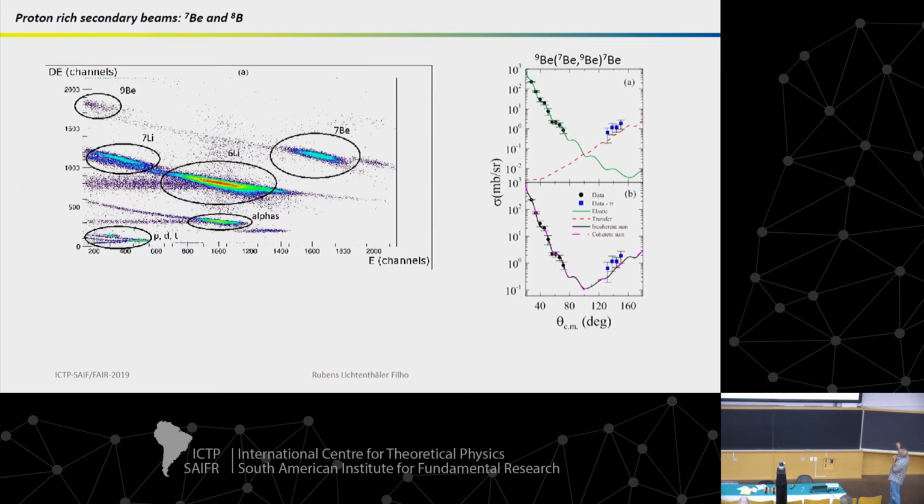But if you detect the beryllium 9 at 4 angles, you have the corresponding scattering at the backward angles. This is what you see here. These are the data, and the solid curve is an optical model calculation. You see that the optical model predicts a very low cross-section for backward angles, whereas we measure a high cross-section.